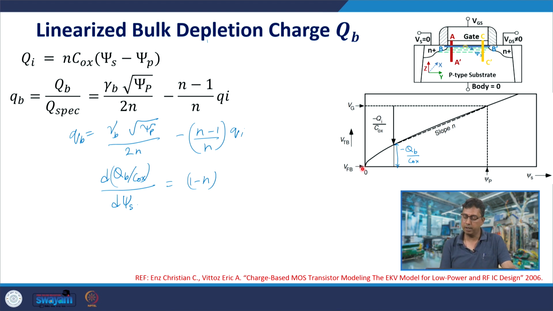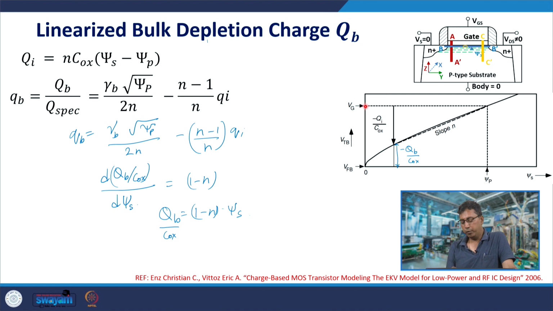Ideally it is 0. Though linearity is not valid here, if we extend the ideal straight line to the origin, we should theoretically see it to be 0. So QB by Cox can be written as 1 minus n times chi s. That is what you have done here.